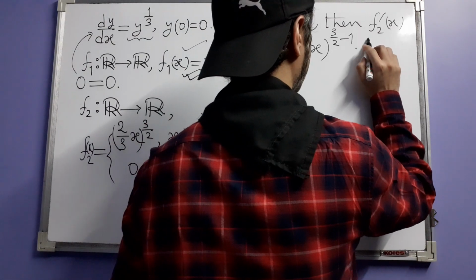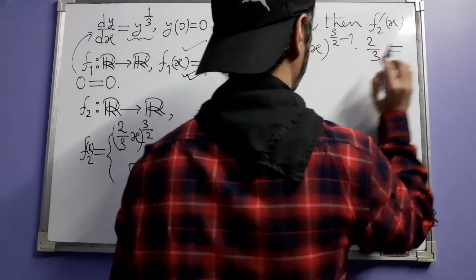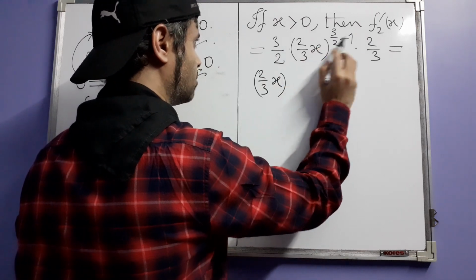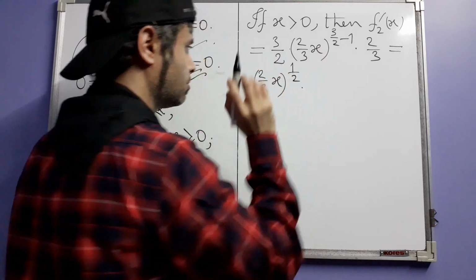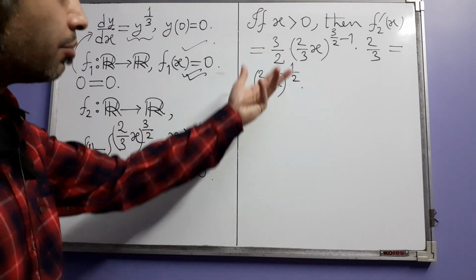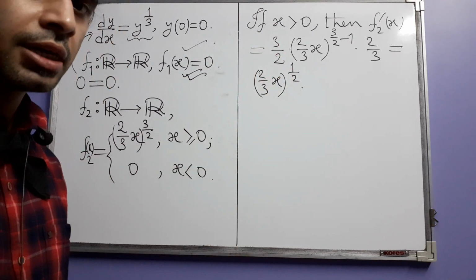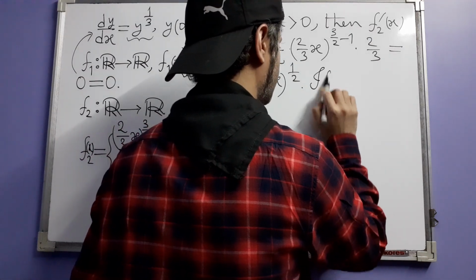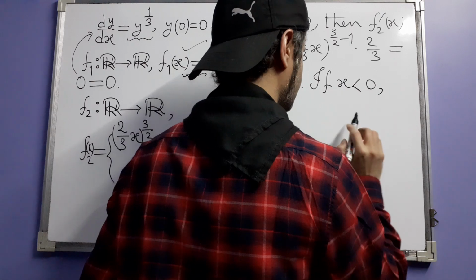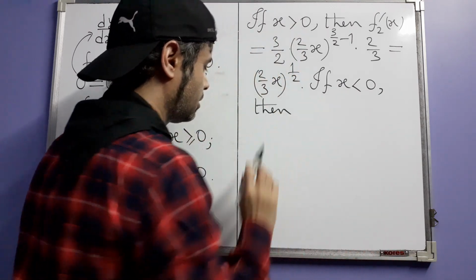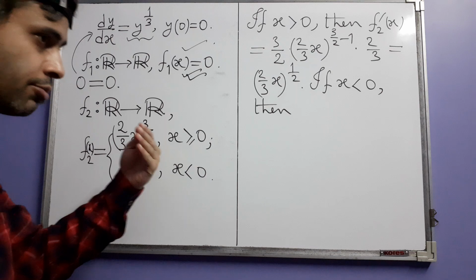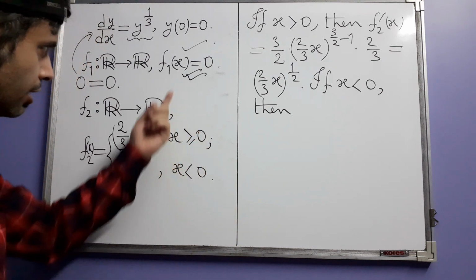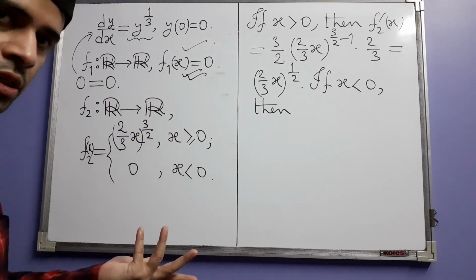So that will give you 2 over 3. So you are ultimately getting what? 3 over 2 minus 1 is 1 over 2. So at a positive real number, this is the derivative. What about at a negative real number? That's even easier. If x is less than 0, at a negative real number and around that number in a sufficiently small neighborhood, it's the constant function 0, like this one. And that's why the derivative is also 0.